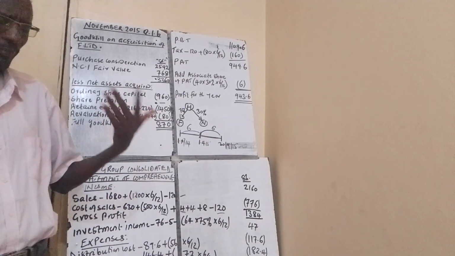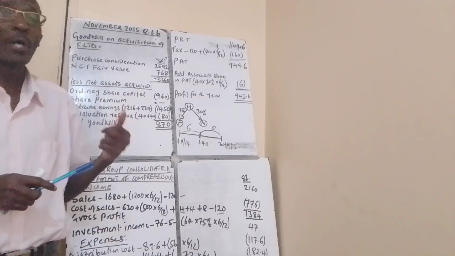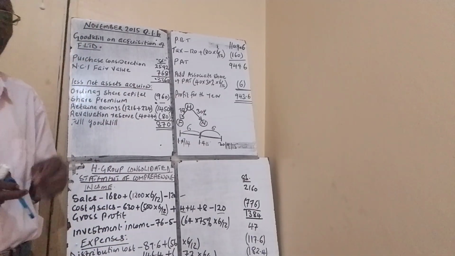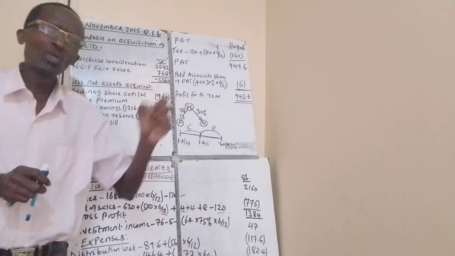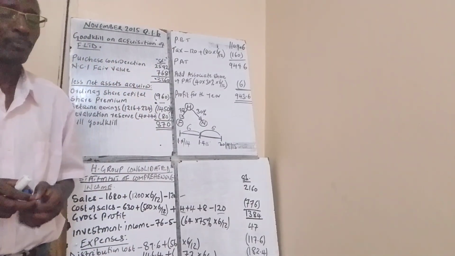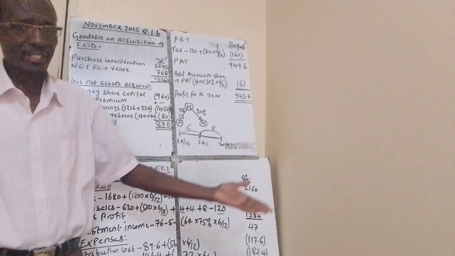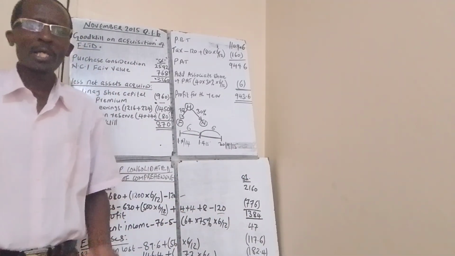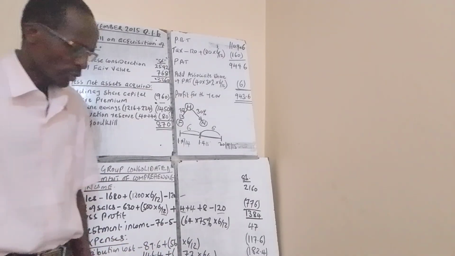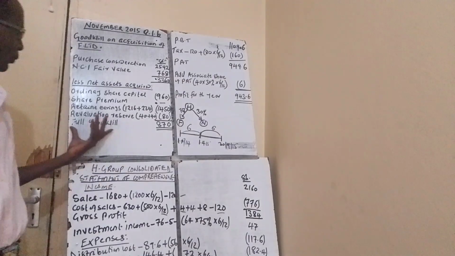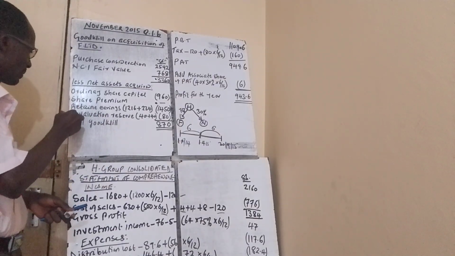Now again, if you are told that goodwill has been impaired, then you have to report the goodwill net of impairment. You less the impairment on the side of the NCI as well as on the side of the parent. But in our case here, there was no impairment.